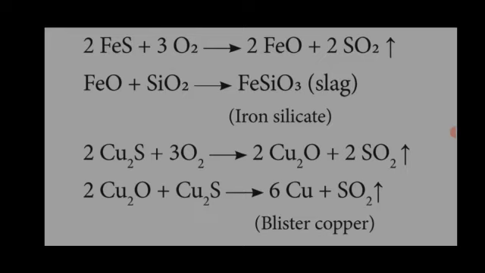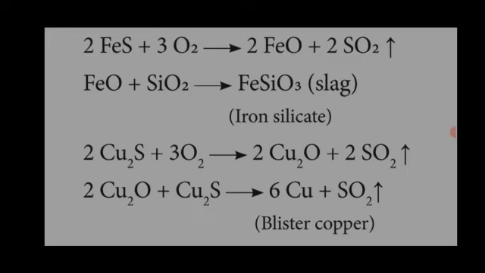This collection of impurities is removed by what process? Bessemerisation. First, the sulphide of iron, FeS, is converted into oxide of iron.